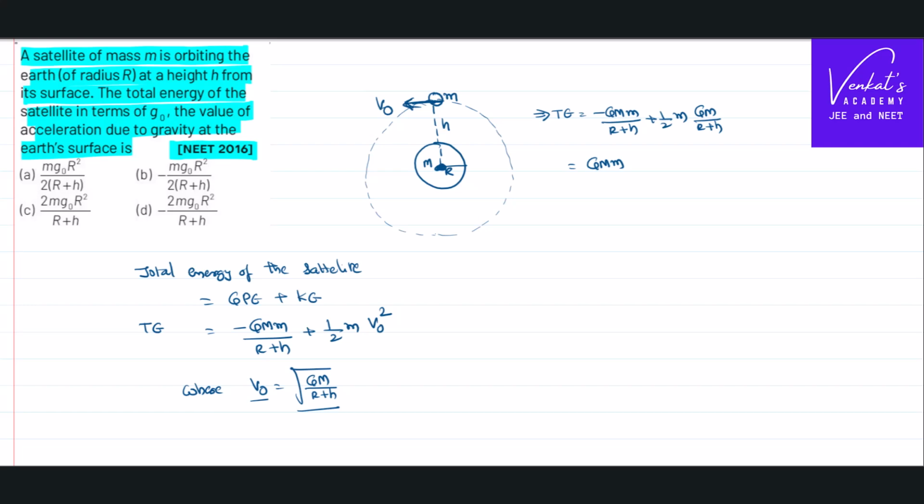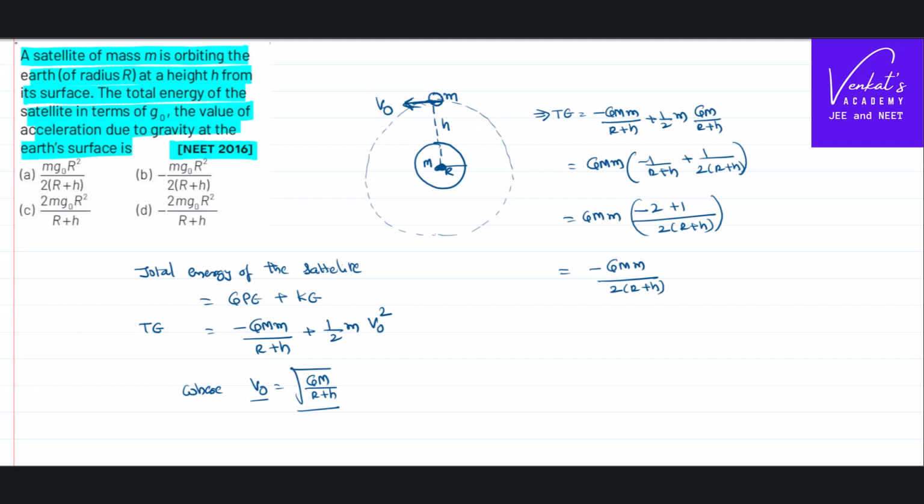If I have taken GMm common, minus 1 by r plus h plus 1 by 2 of r plus h is remaining. So GMm of, LCM is 2 of r plus h. This becomes minus 2 plus 1, which is minus 1. So minus GMm by 2 of r plus h is my answer.